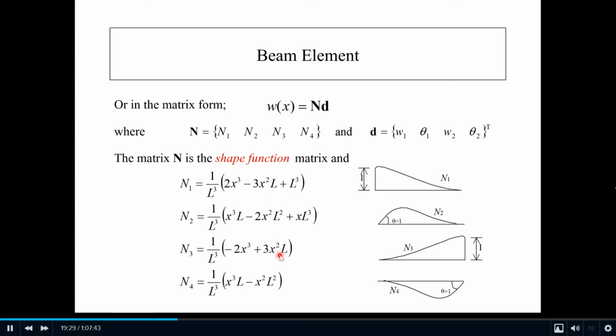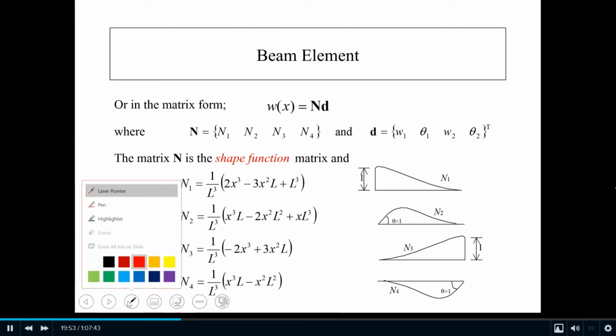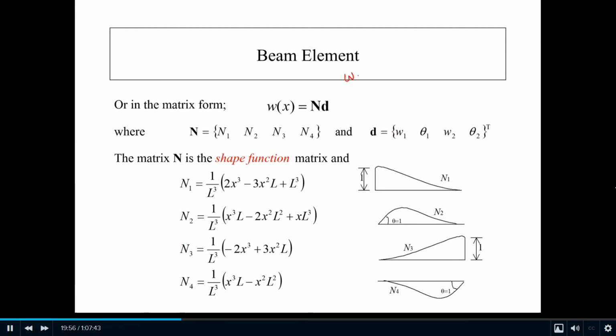If you look at all of this, what is N1? N1 is something like the deflection at node 1, when the rotation at node 1 and the rotation and deflection at the other node are all 0. You may be able to see this; actually, I can write it: W equals N1 W1, plus N2 theta 1, plus N3 W2, plus N4 theta 2.